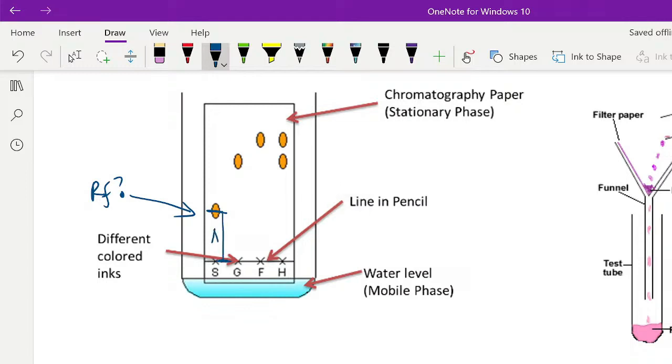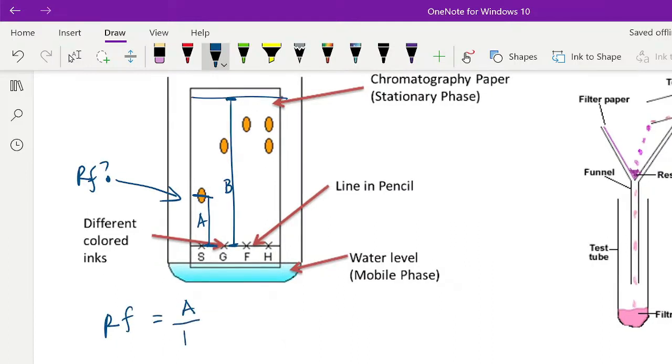Let's call this A. Divide that by the distance from the solvent front to the origin. Let's label this B. So Rf value equals A divided by B.